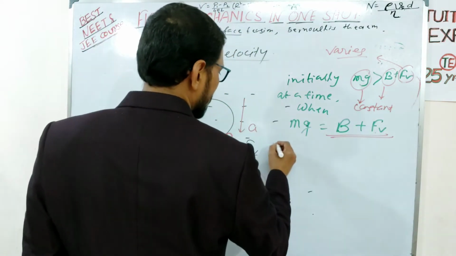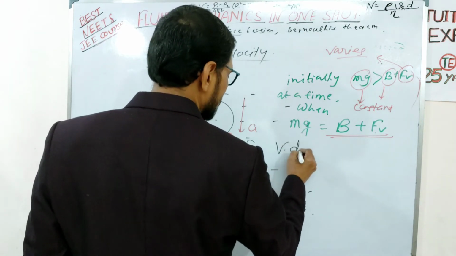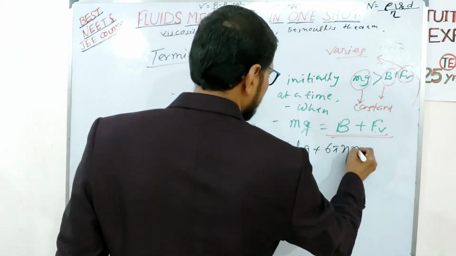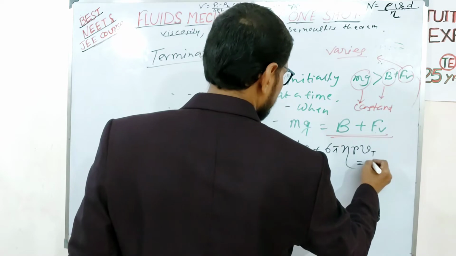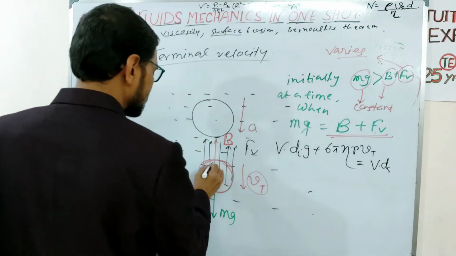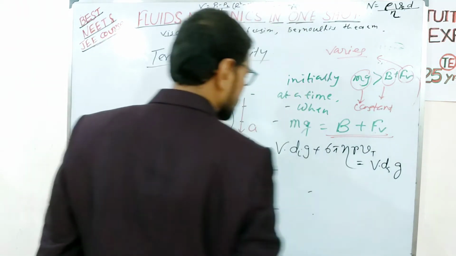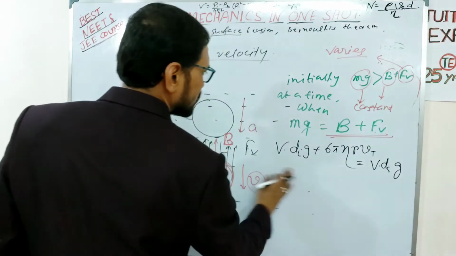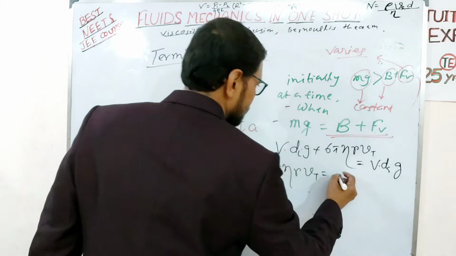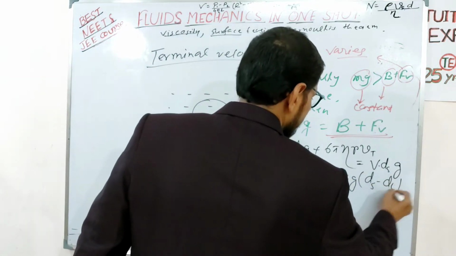Now what is buoyancy force? Buoyancy force equals volume times density of the liquid times g. And what is viscous force? 6 pi eta r vt equals weight, which is volume times density of the solid. Suppose the spherical ball has density ds, so the weight is v ds g. Now from this equation we get 6 pi eta r vt equal to v g (ds minus dl).